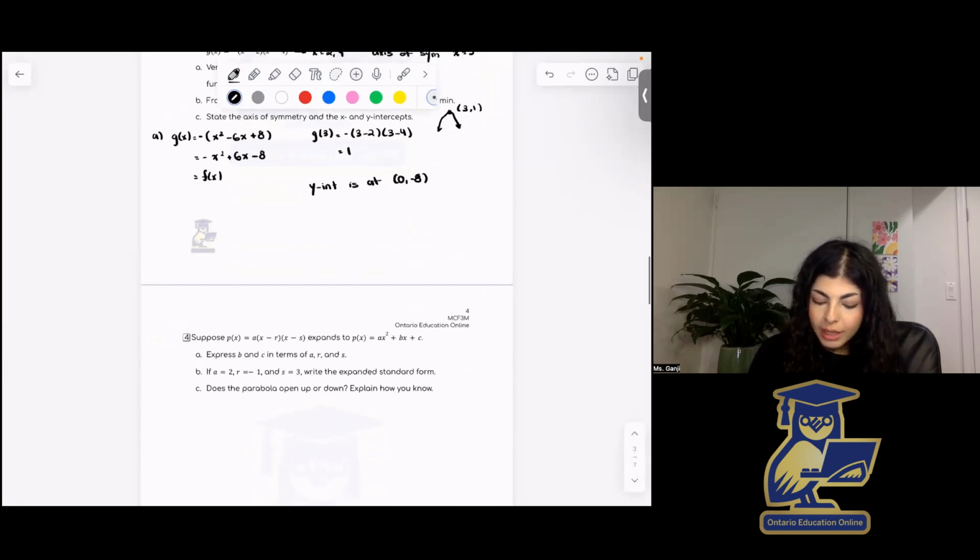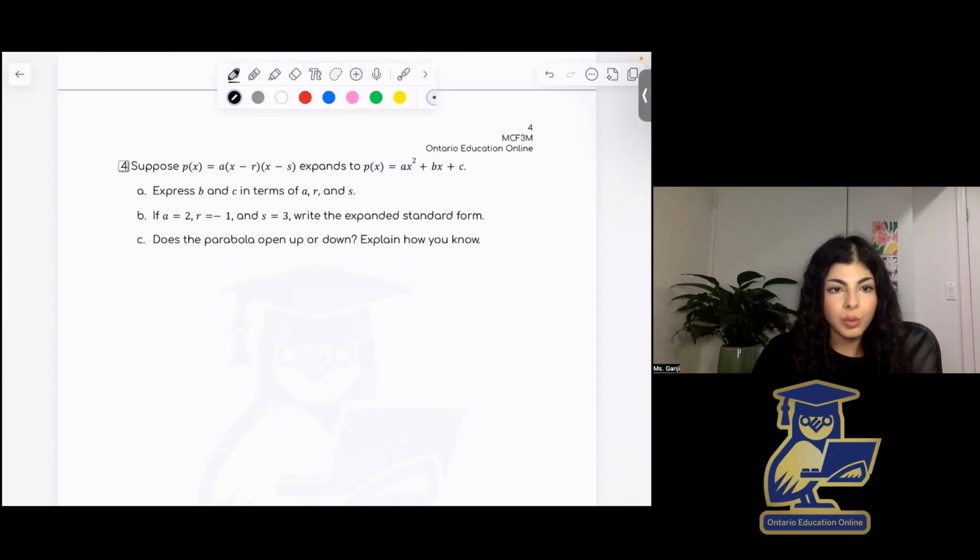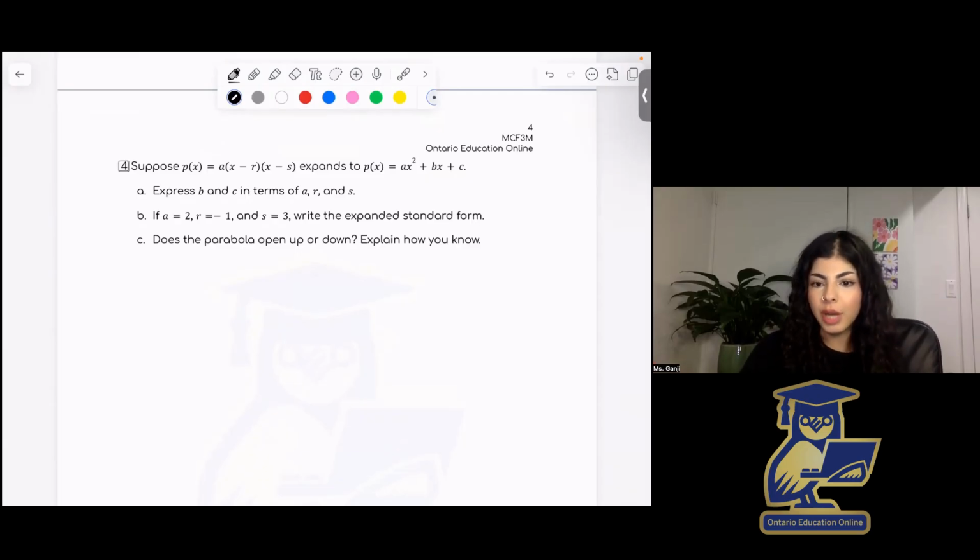And the last question we have here, we are now just working a little algebraically first, where we're given the factored form and asked to algebraically manipulate that equation to find b and c in terms of a, r, and s. So take a moment and try this on your own.